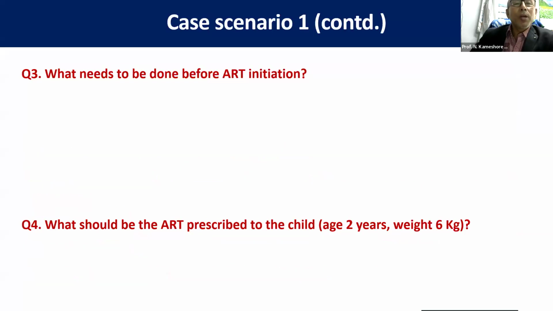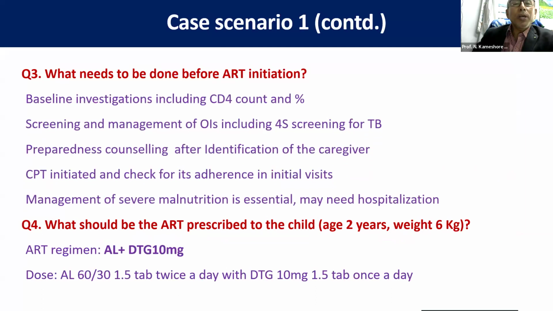Continuing scenario 1, let us see what needs to be done before ART initiation. As we have already discussed, before ART, we have to do baseline clinical and investigations, including CD4 count and percentage. At the same time, we have to do screening and management of opportunistic infections, including tuberculosis.